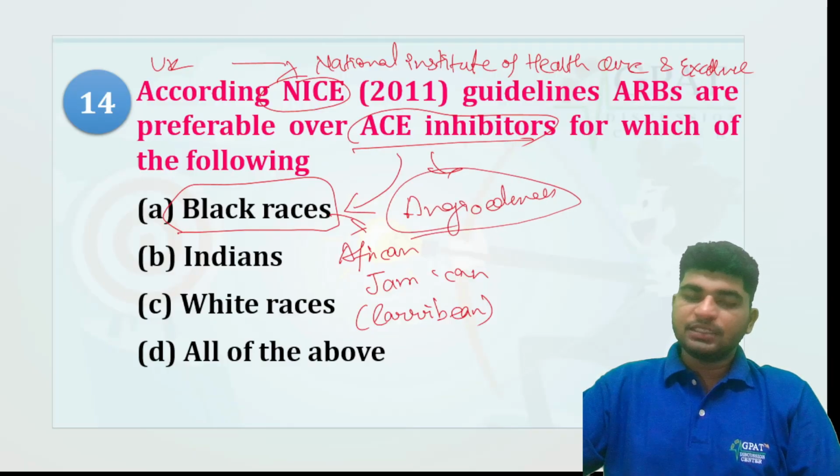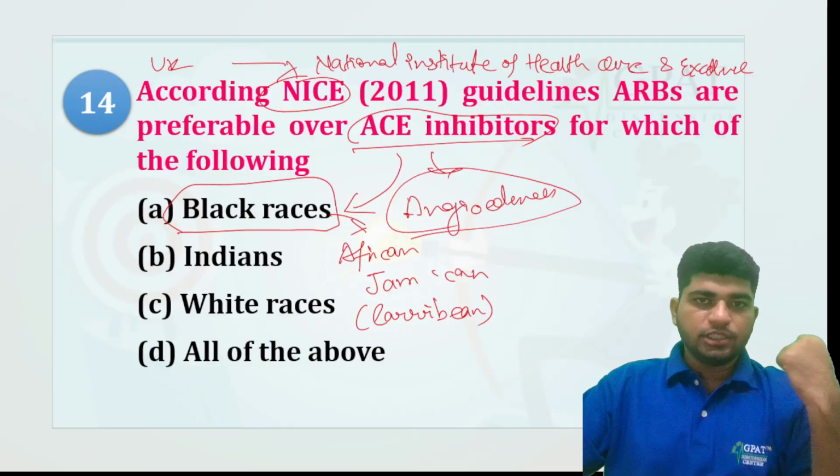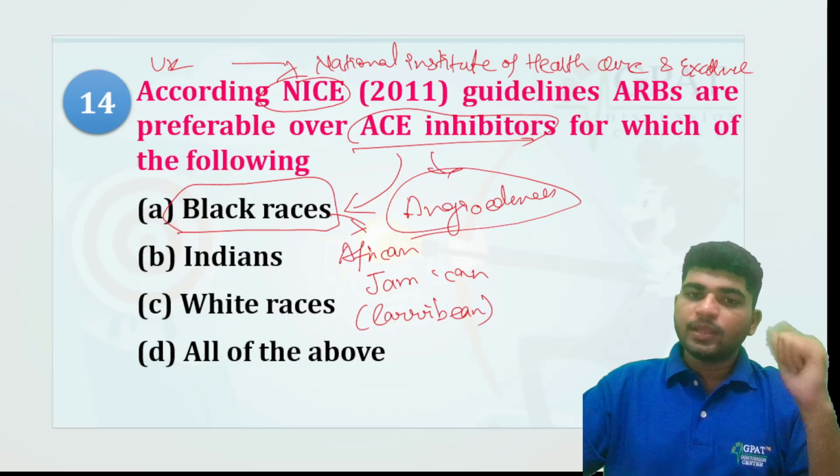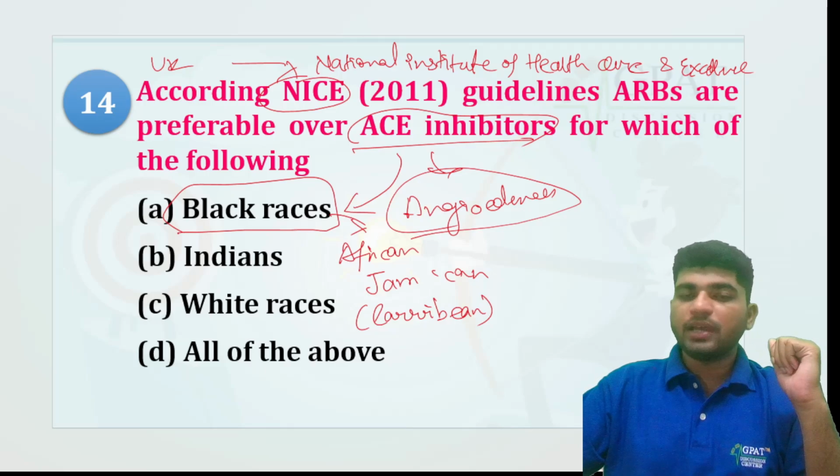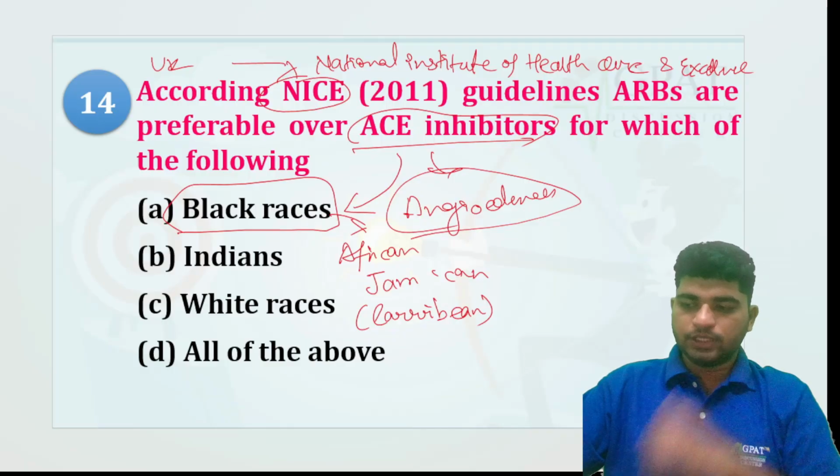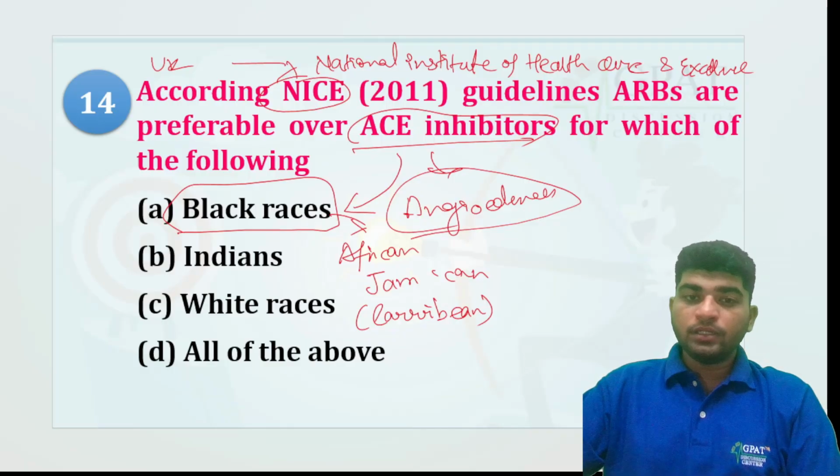This angioedema is a classical example of an adverse effect of the ACE inhibitors, that is, swelling of lips in black people, which generally belong from Africa or Caribbean countries.